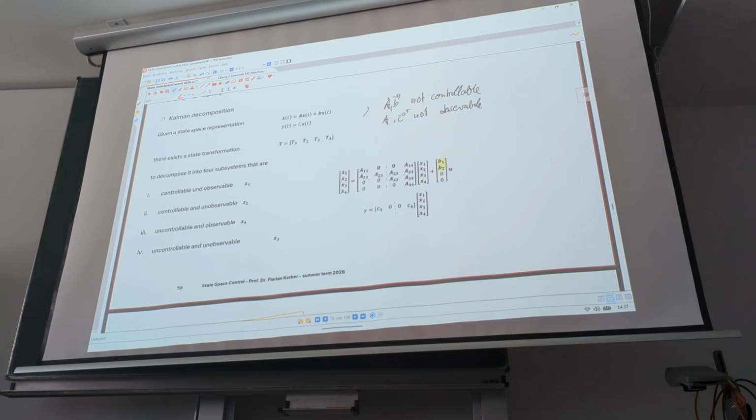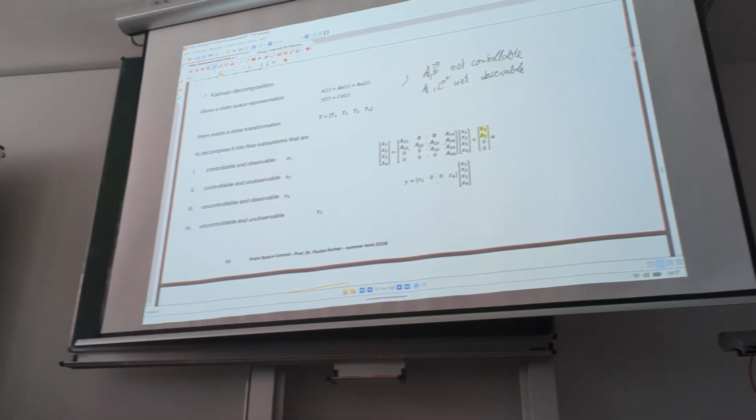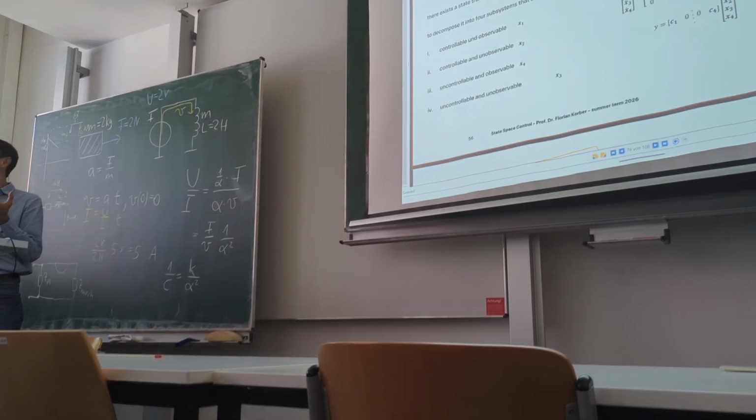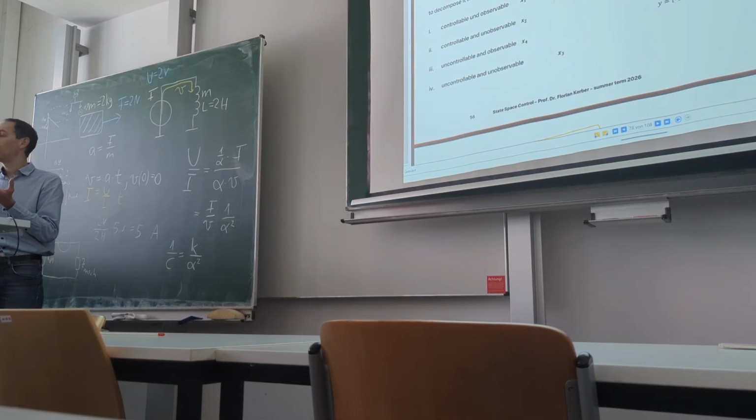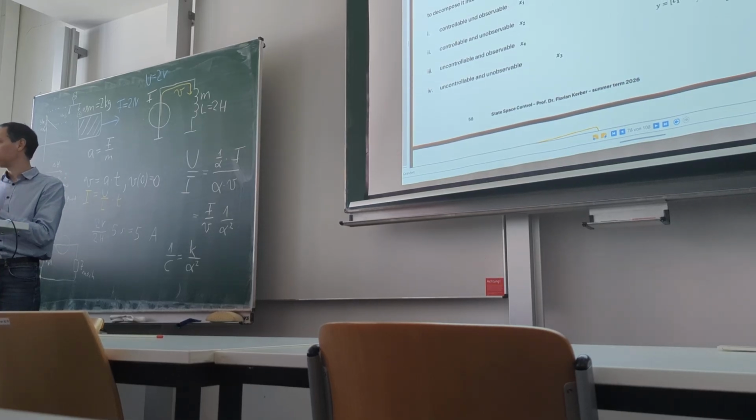Okay. Question last time was, we have so far seen in our example of the RLC circuit something that was both controllable and observable. Practical example of something which is observable or which is not controllable or not observable.